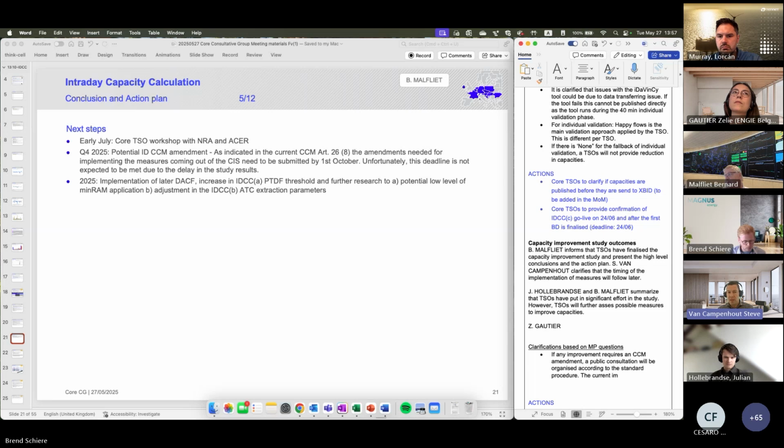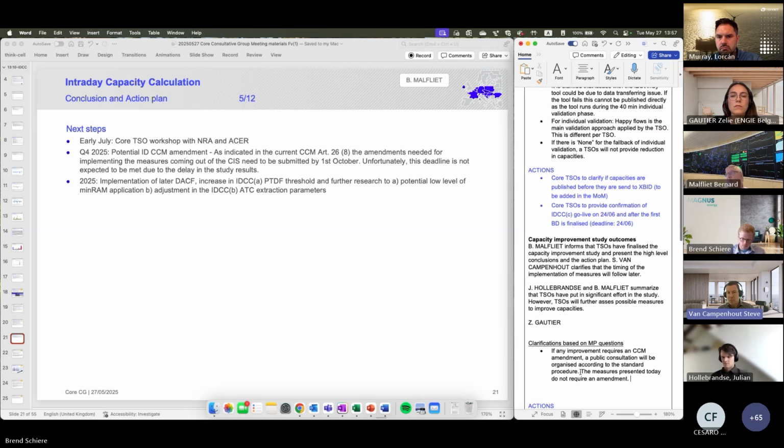So it will boil down to the further investigation and then what conclusions come out of the application of the MINRAM, as Julian mentioned. And for that, we will also have further alignments and talks with NRAs and ACER in the coming period.